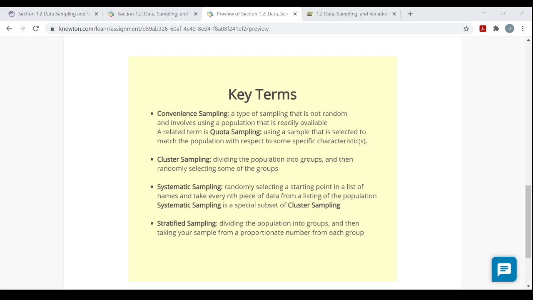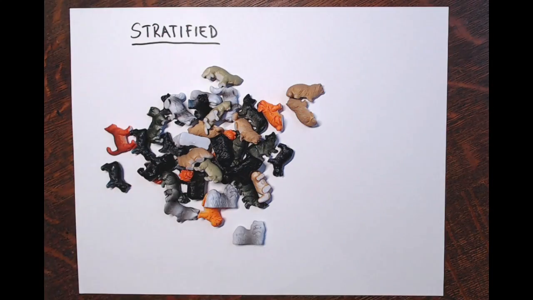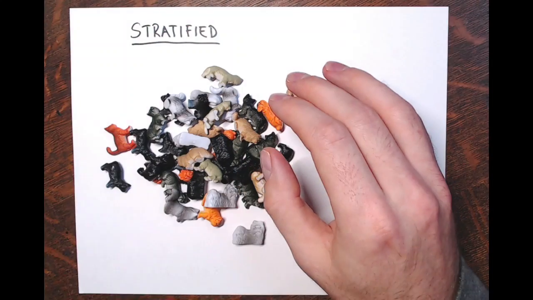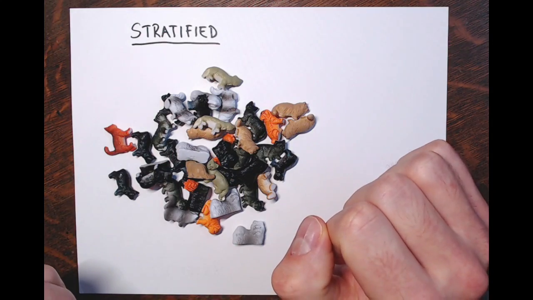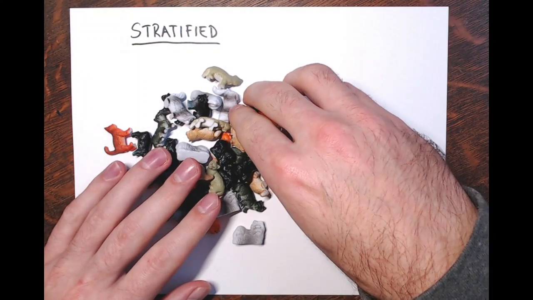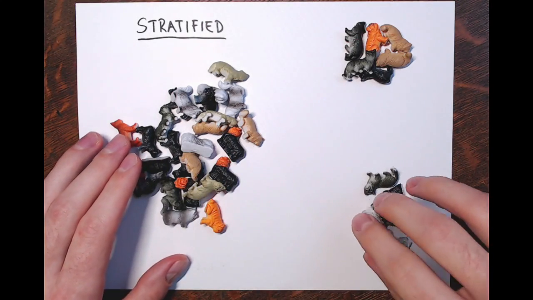Okay, so back to the paper. Say this group of cats and dogs is my population, everybody I'm trying to study. Stratified sampling, I start the same way as cluster. I break up my population into groups, or strata.